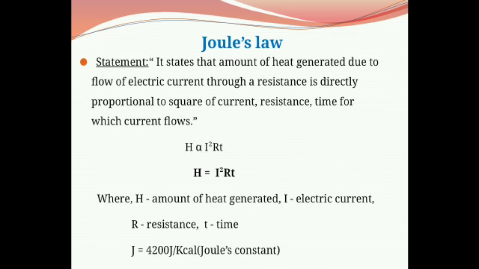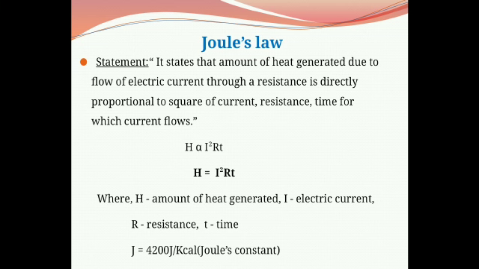The statement of Joule's law is: the amount of heat generated due to flow of electric current through a resistance is directly proportional to the square of current, the resistance, and the time for which current flows.